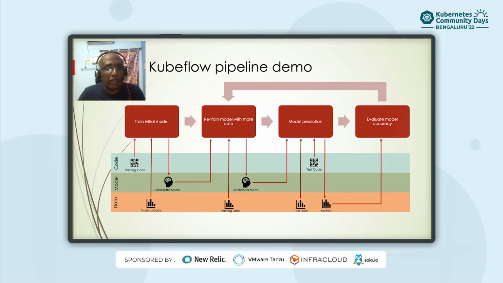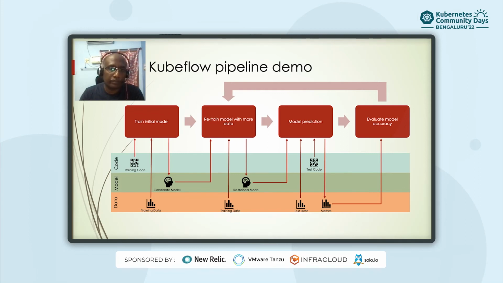Next, we are going to look at a very simple demo. In this demo, in step number 1, a model will be trained initially using some training data. In step number 2, we will retrain the model with more data.